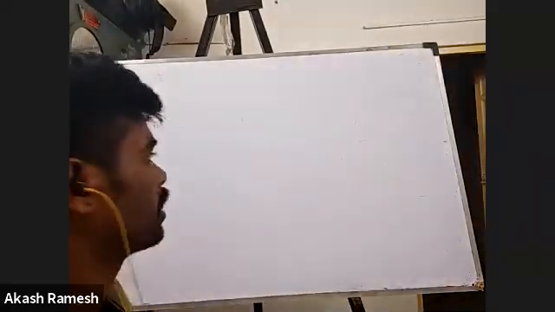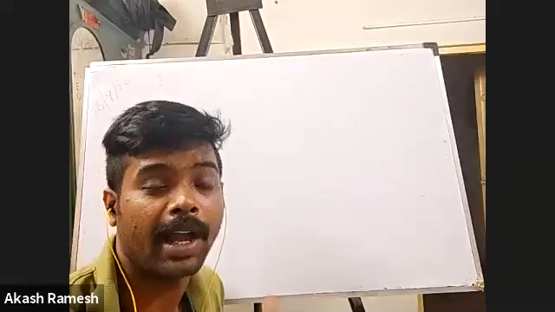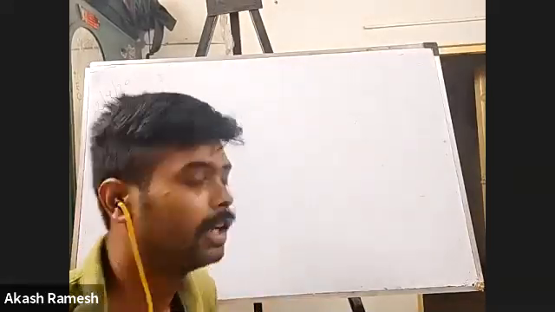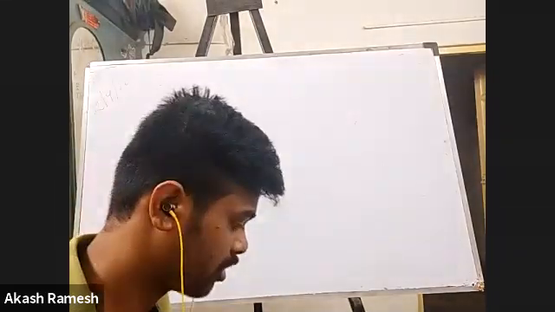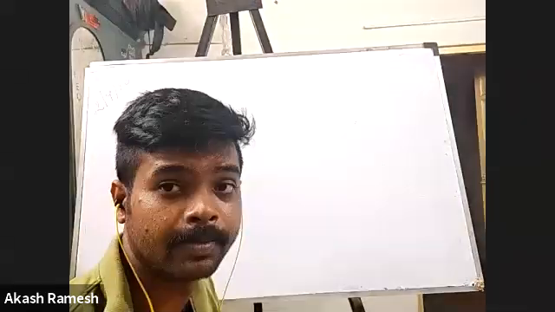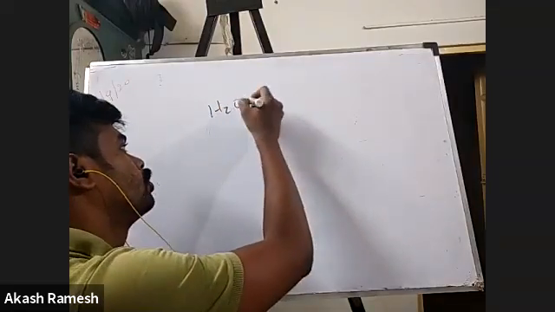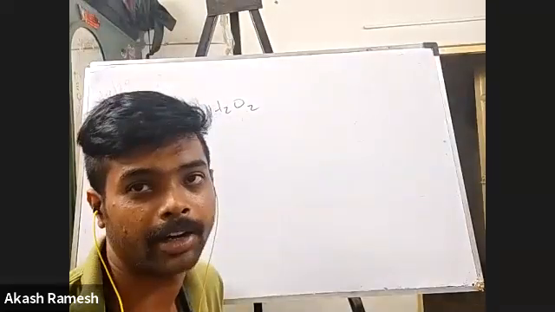Say if I take the example of decomposition of hydrogen peroxide, I already introduced you to peroxides, right? So what is the formula for hydrogen peroxide, people? Chemical formula. What is it? H2O2. Correct, right? This is my hydrogen peroxide.